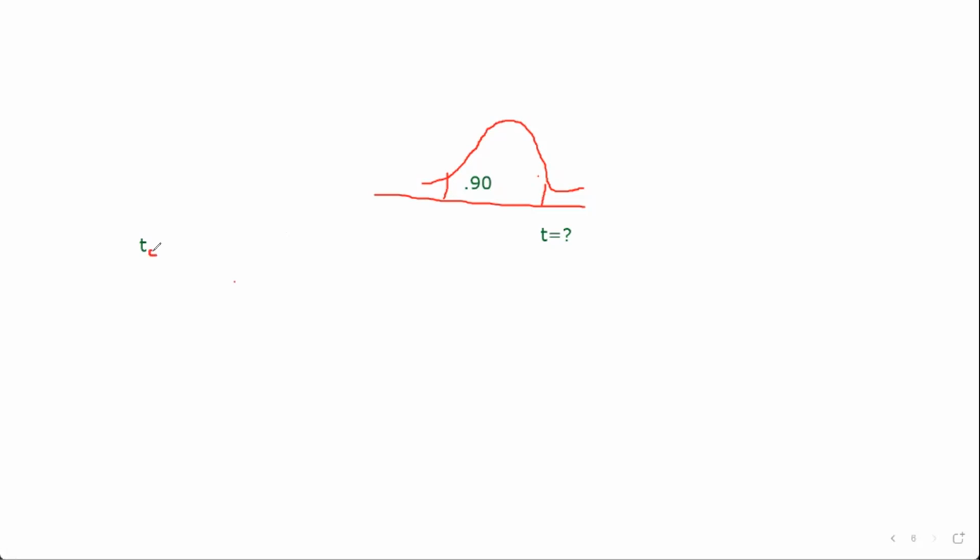T of alpha over 2, T of the tail area is equal to, and you're going to have one of the T's, because we're only concerned with the positive one here, just because that's what we're going to be writing. But you're going to end up with a positive and a negative. So this is inverse T.